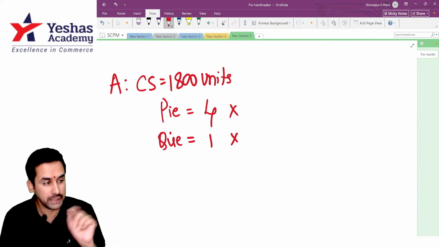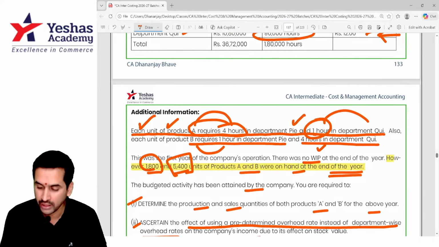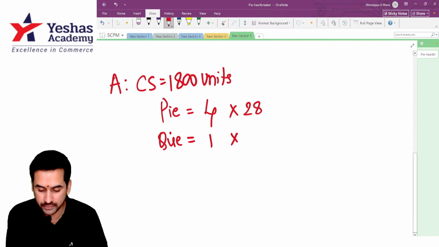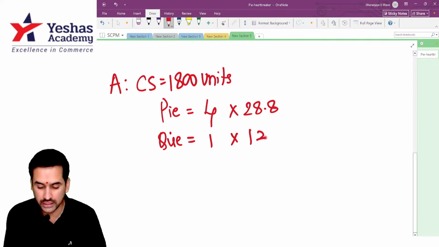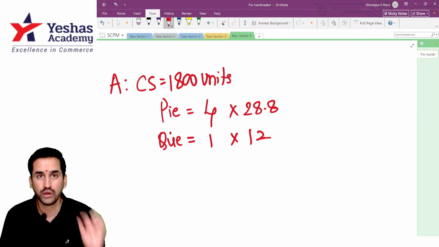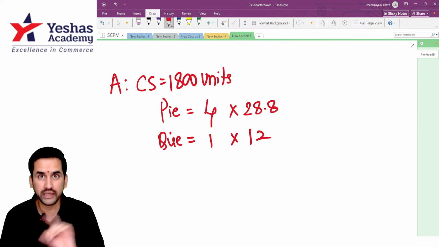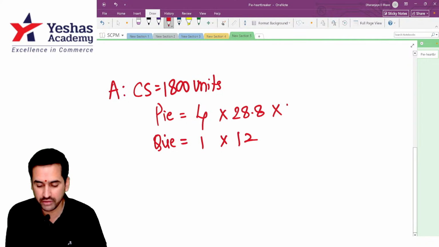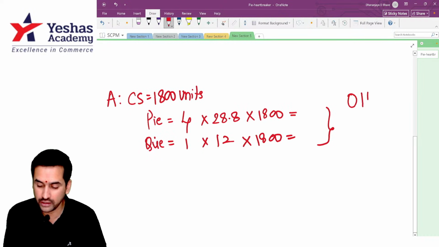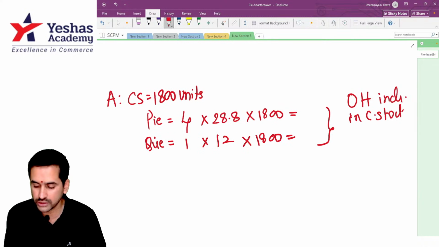Okay. And what is the overhead rate? If I go by department wise overhead rate, it is 28.8 and this is 12, correct? This will give you for 1 unit how much is overhead included in closing stock. But how many units we have? 1800, correct? Now this plus this will give you overhead included in closing stock.